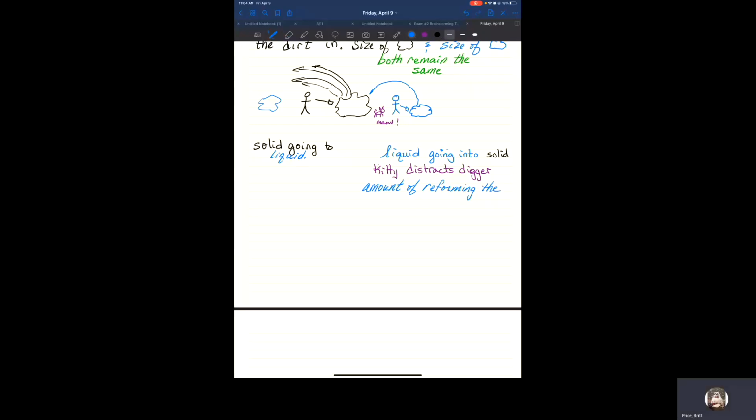So the amount of reforming the solid is lower than, well, let's just leave it there.